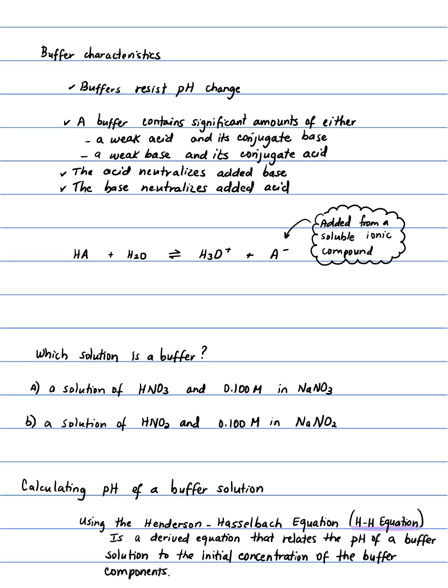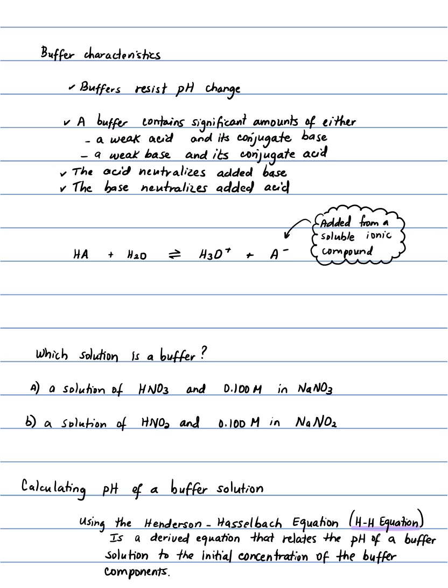So you need to have significant amounts of each one for your buffer to actually be able to avoid changes in the pH. And then if you have a weak base or a basic buffer, your weak base and the conjugate acid, you need to have significant amounts of those two. And this is something that I will show you later.